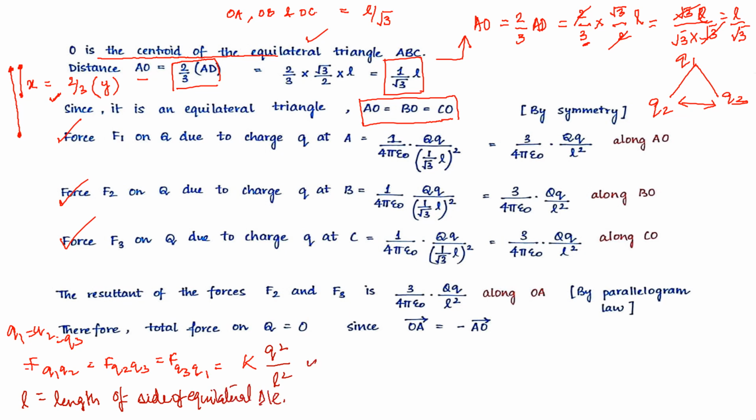It will be the same for all, from here, here, and here. Every force is the same, but we have to find out what is the force over this point.